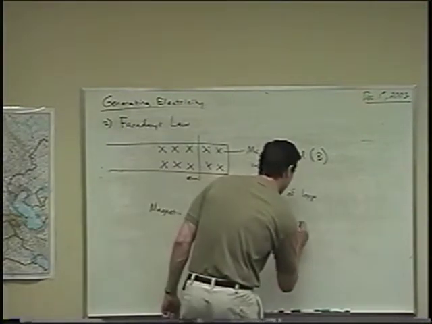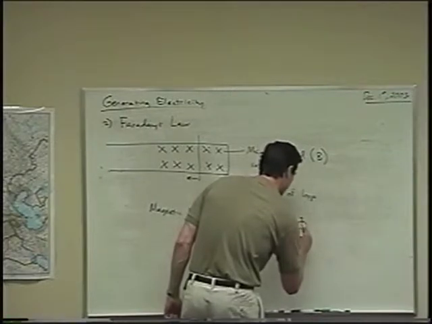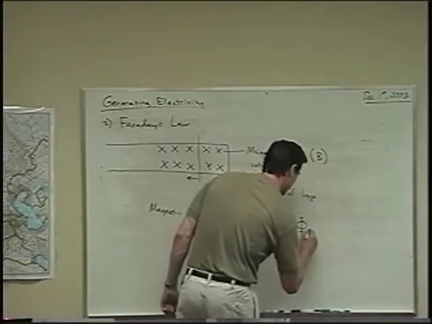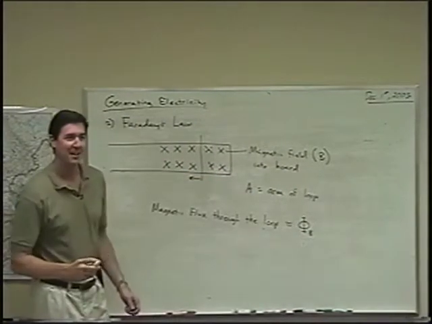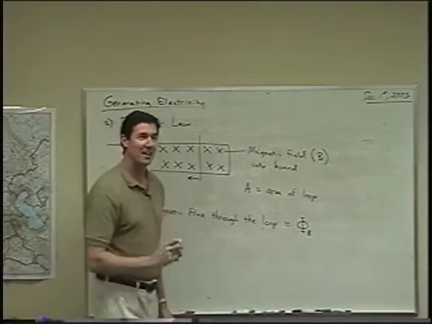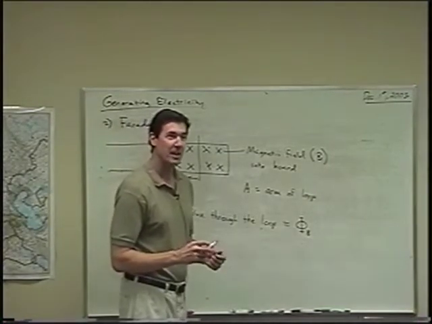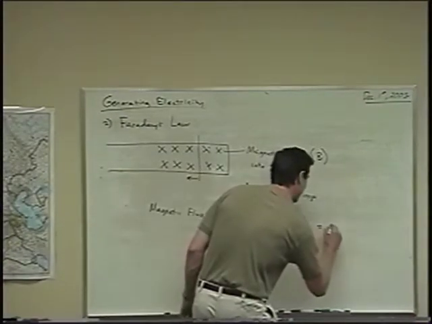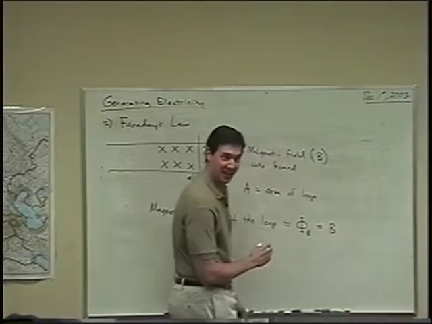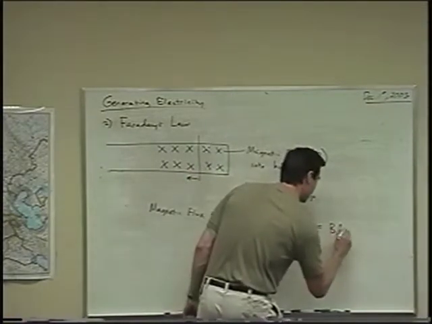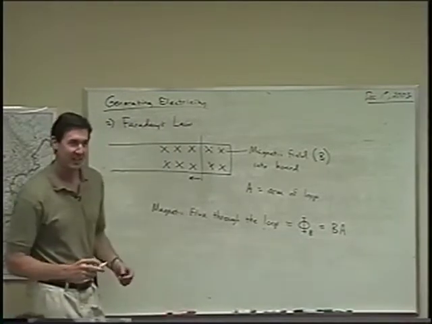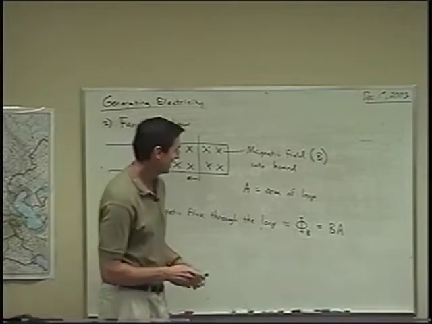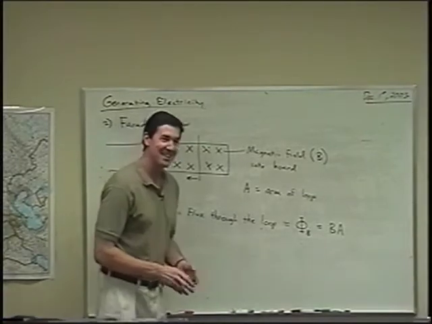And we're going to use the Greek letter phi, phi sub B, for that. A flux is the magnetic field strength multiplied by the area. BA, yeah.